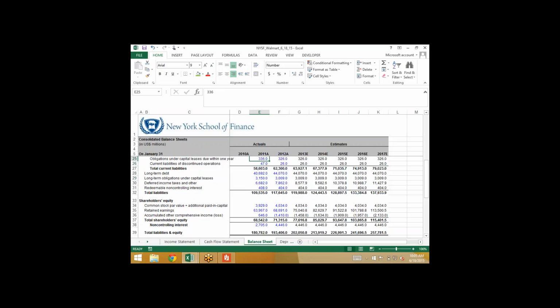So that's 336 plus 3150, comma, 326 plus 3009. Just make sure that formula makes sense to you. It's the interest divided by the average balance, which gives you the rate.